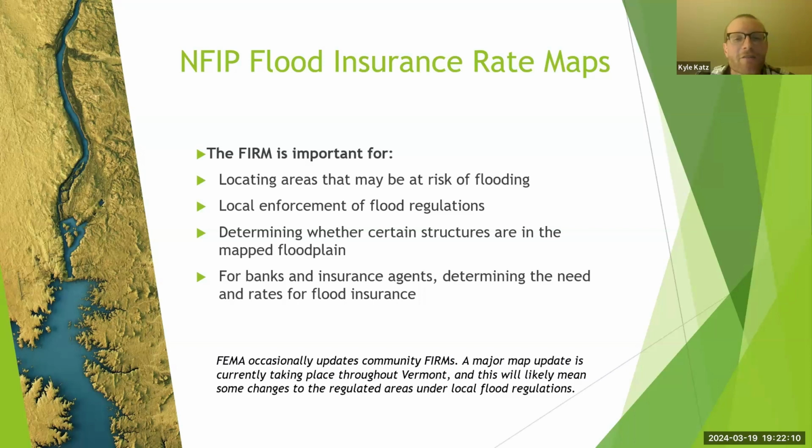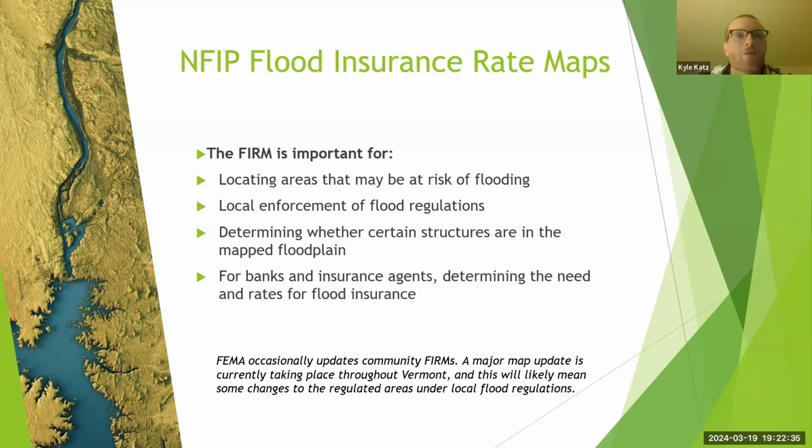It's also important for determining whether certain structures are in the mapped floodplain, and thus where structures are regulated under the local flood regulations. Finally, it's important for banks and insurance agents determining the need and rates for flood insurance.